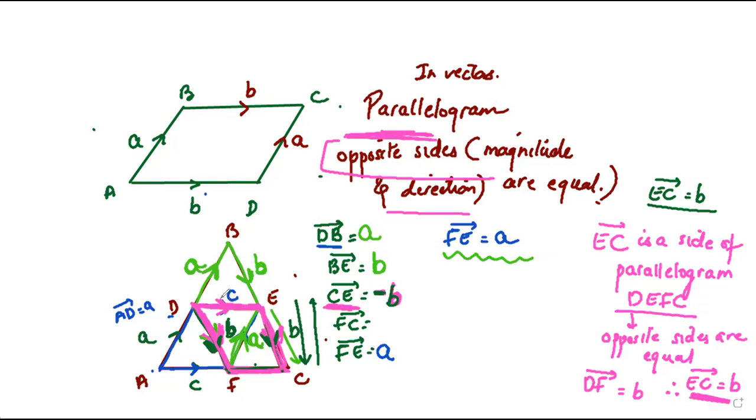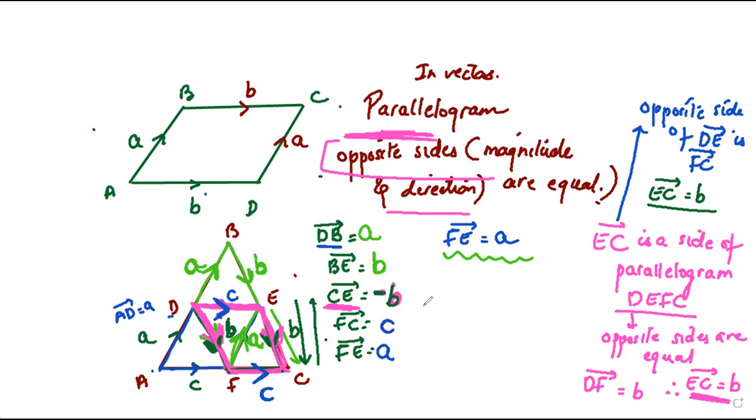D to E is C. So what is the opposite side of DE in the same parallelogram? The opposite side of vector D to E is vector F to C. So if the direction is from D to E, obviously the direction will be the same for F to C. If the value is C, this value will be C as well because opposite sides are equal. So I'll write this is C as well.